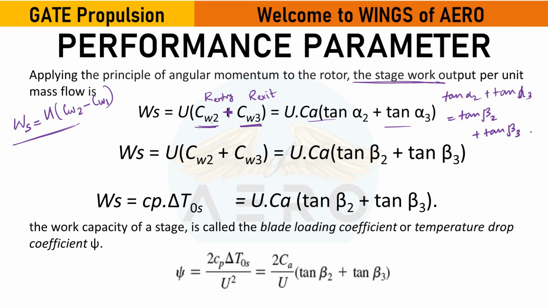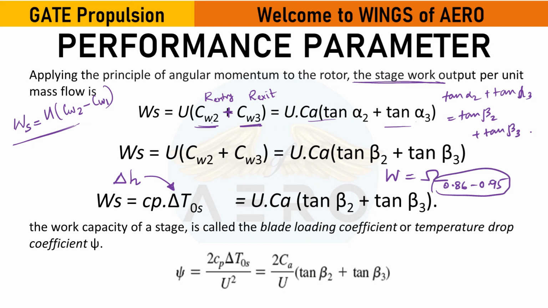Okay, now we have already seen that the work done is the change in enthalpy. This is the value for the change in enthalpy, so it can also be equated to UCA into tan beta 2 plus tan beta 3. Now there is one more change you might have noticed in work done. In the compressor we had a work done factor, ranging from 0.86 to 0.95, right?